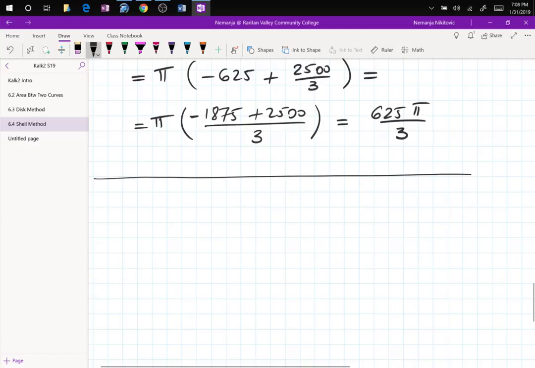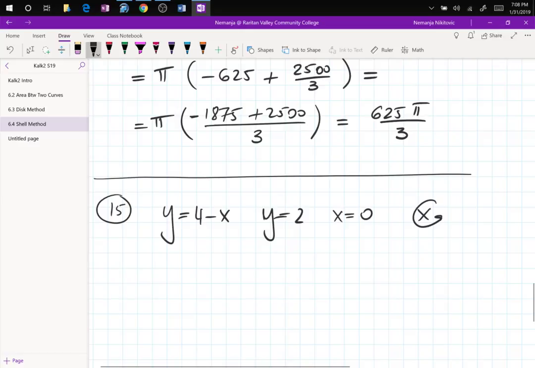Problem 15 looks cool. Y equals 4 minus x. Y equals 2. X equals 0. Rotation on x. Go.